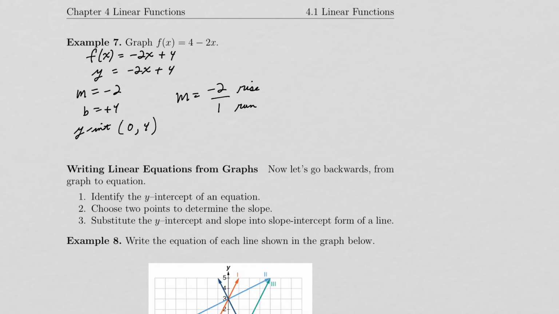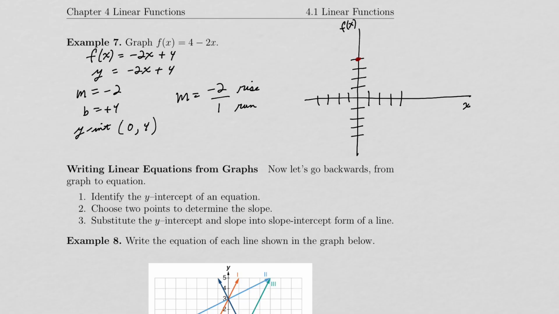So if we try to graph this, this is x, this is f of x. We definitely know the y-intercept, right? So 0, 4, that point is right here.